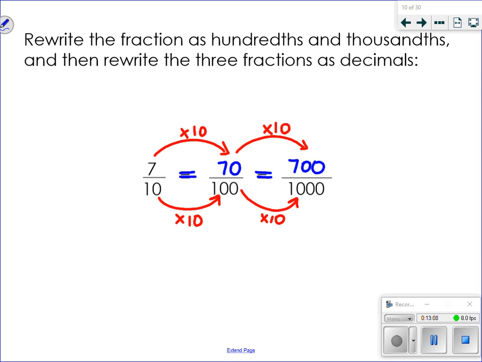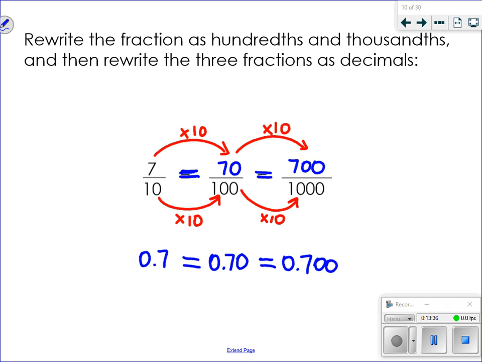Okay, so 7 tenths looks like 0.7, which must be equal to 70 hundredths, which we rewrite as 70, ending in the second position after the decimal place, the hundredths position, which is equal to, again, 700 thousandths, which we rewrite as 700, ending in the third position after the decimal.